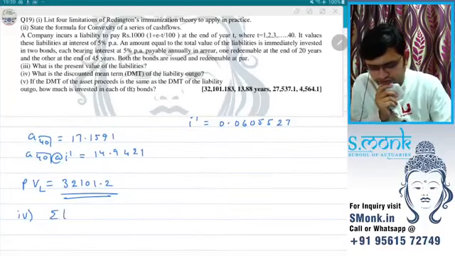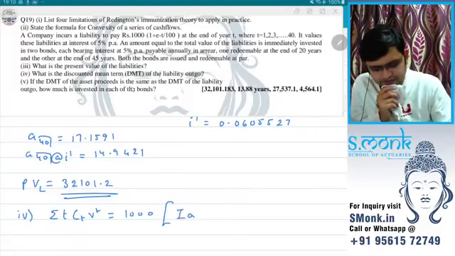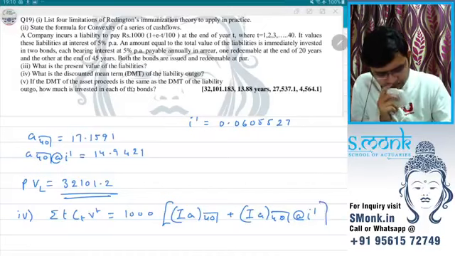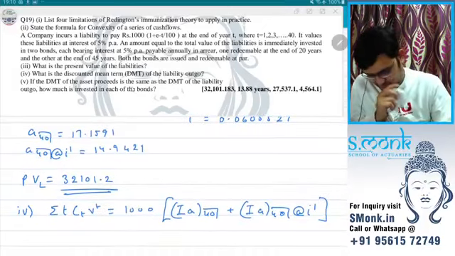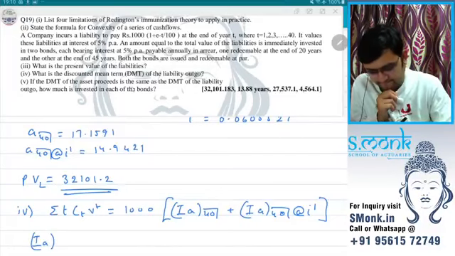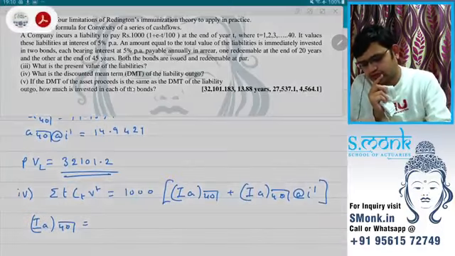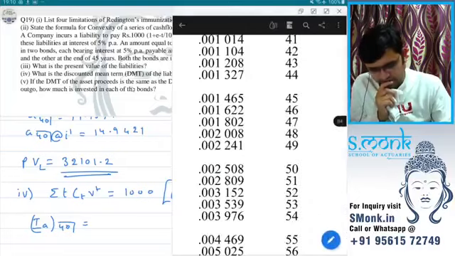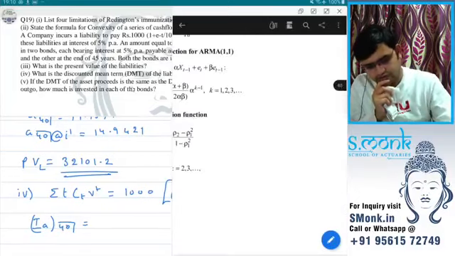So summation t times c_t times v raised to t, 1000 again. You can just go to the table book and find this value because this is just for 5%. We have these values in the table book.